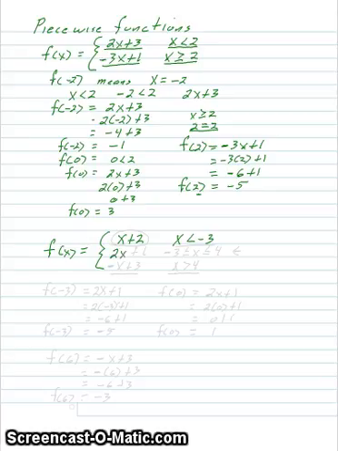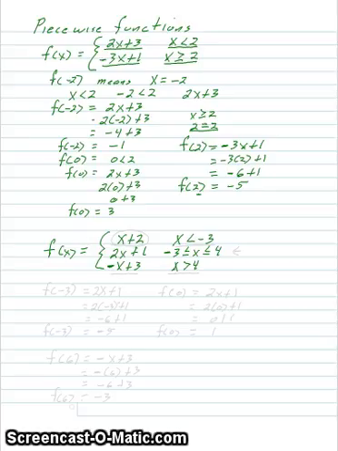And we have 2x plus 1, and this interval is from negative 3 to 4. And this is going to have 3 expressions. Negative x plus 3 for x greater than 4.